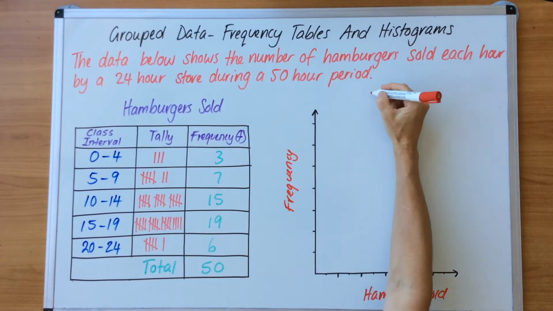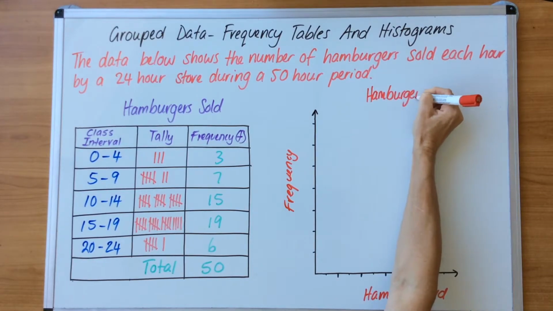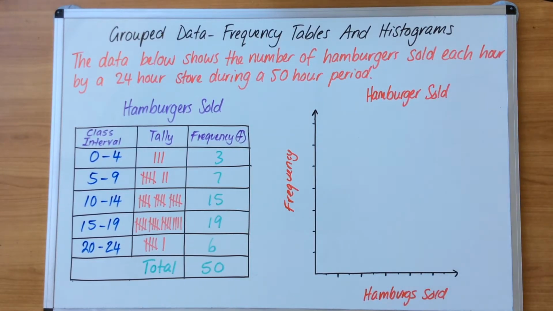I've already created one here. I'm just going to copy it. Hamburgers sold. You can label it anything you want as long as it reflects the topic that you're being asked to deal with. Now we need to look at the scale situation here.